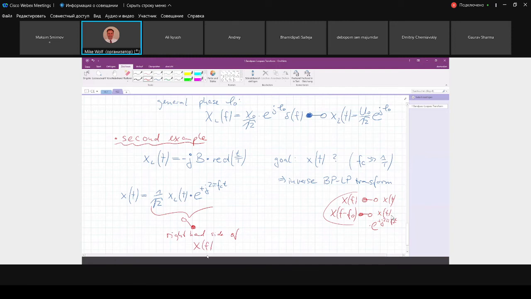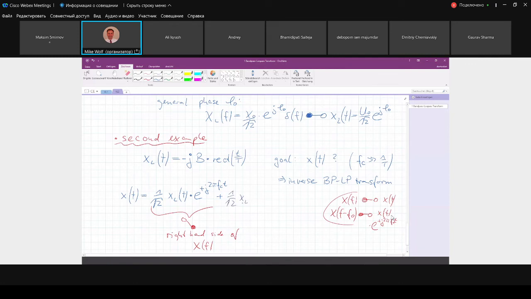And then it's clear what I have to add in order to obtain the left-hand side. I only have to add the complex conjugate. Because if I have a complex number and add its complex conjugate, it becomes real. This gives the left-hand side of the spectrum. So I just have to add this.